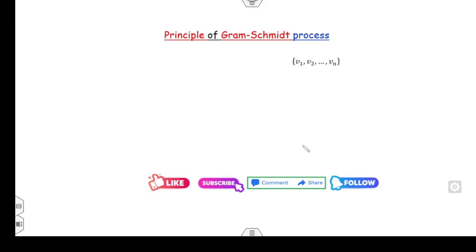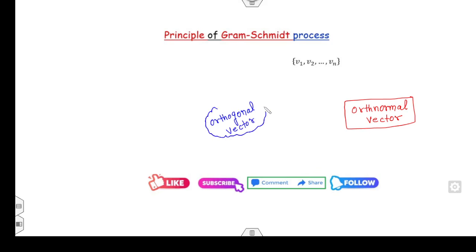Fine. So remember, students, you have a set of vectors. Your basic purpose is to construct the orthonormal vectors. This is your target. But how can you construct the orthonormal vectors? Let's say if you construct the orthogonal vectors, then can you define the orthonormal vectors easily?